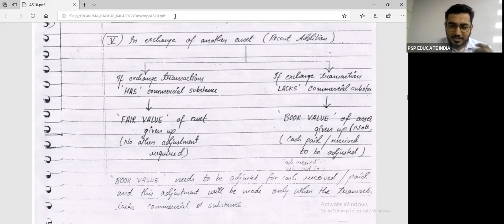When such a kind of transaction is there which is pre-calculated, where Chroma knows everything it's doing, where it's a calculated plan that they have launched, such a transaction is known as that the exchange transaction has commercial substance. Are you getting it? Such a transaction will always be called as that exchange transaction has commercial substance.